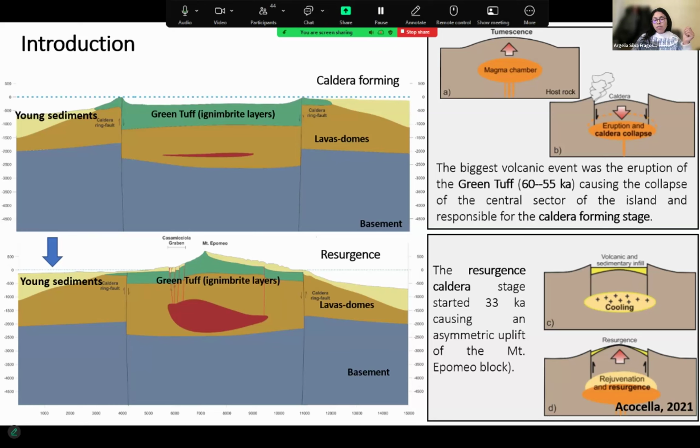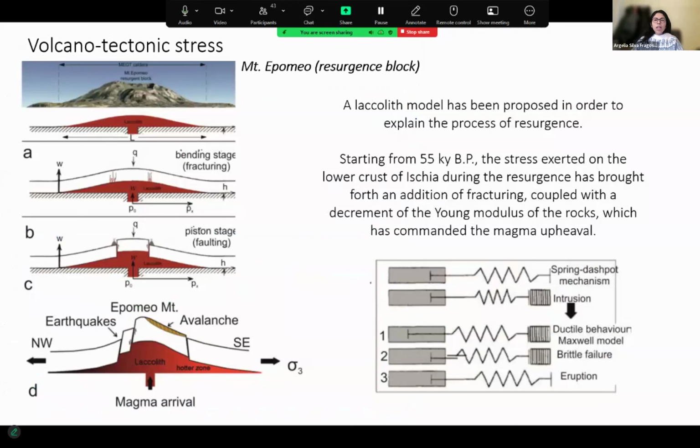And for Ischia Island, this is the case that we are going to study, that I'm going to talk about during all this talk. In the case of Ischia, a laccolith model has been proposed as the main source to explain this resurgent activity that has happened during at least the last 33,000 years.